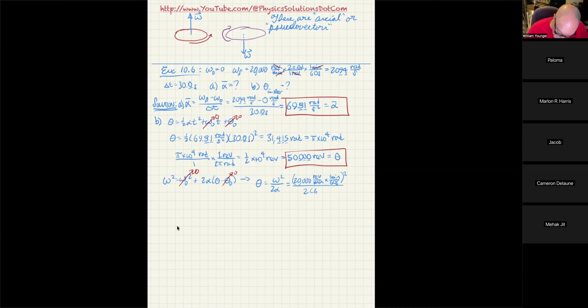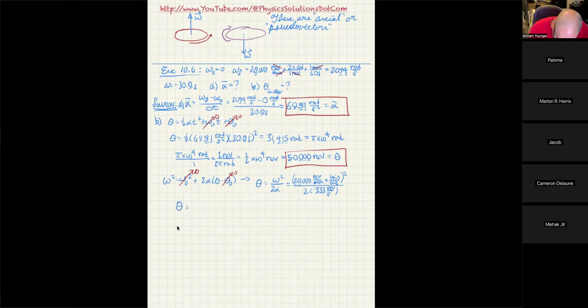And to do that, that would require me to use the 20,000 times the 20,000 divided by 60. 20,000 divided by 60 would be 333, and that would give me revolutions per second per second. So I can go ahead and call it 333 revolutions per second. And this time it should come out straight out as 5,000.